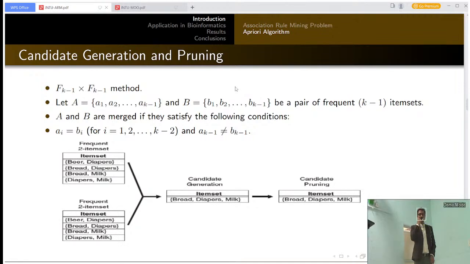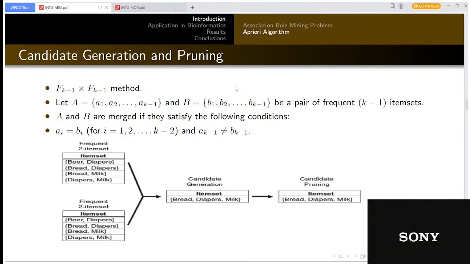That's why this paper is still very, very popular. If you want to do any association rule mining work, you have to refer to that paper and cite it, right? Although a lot of more sophisticated algorithms have come out for association rule mining, we cannot escape from the Apriori algorithm. So it is still relevant.